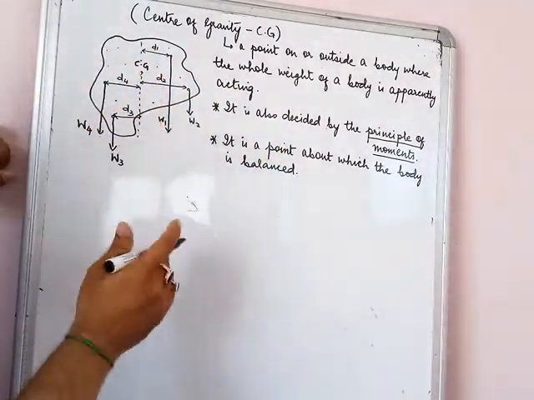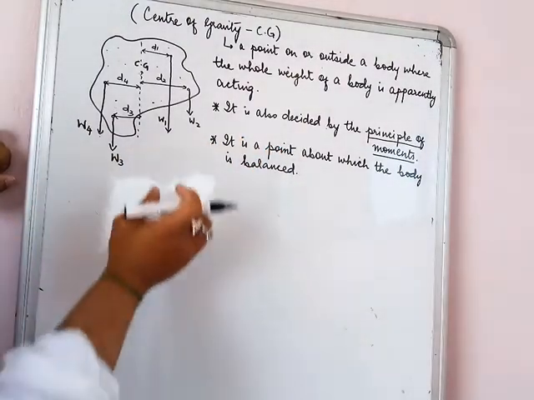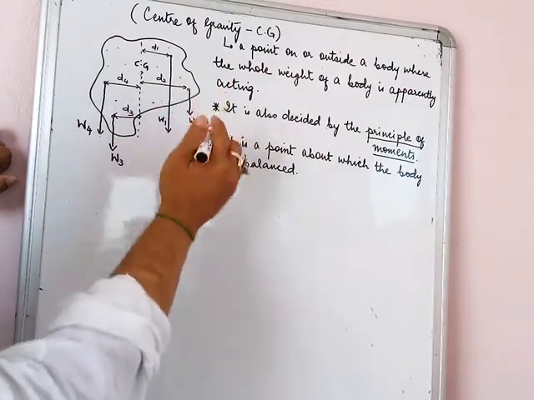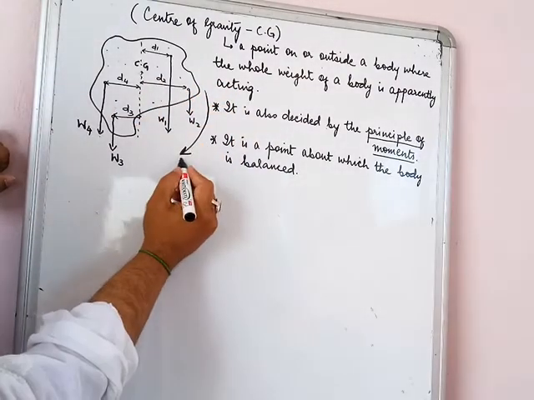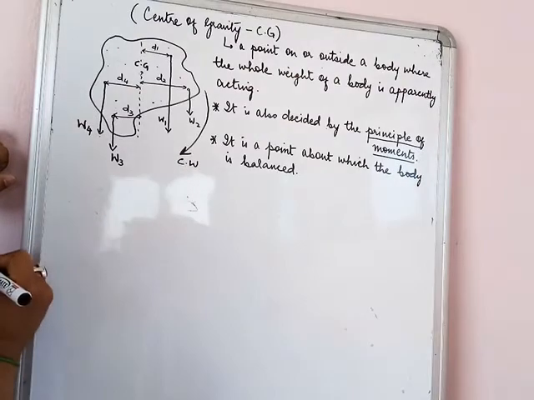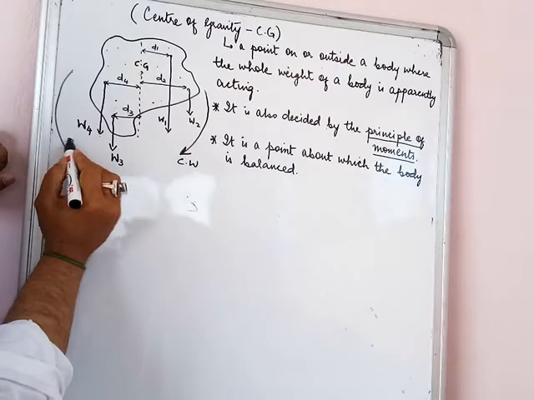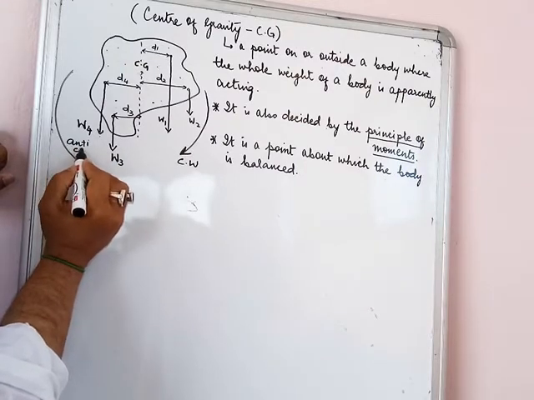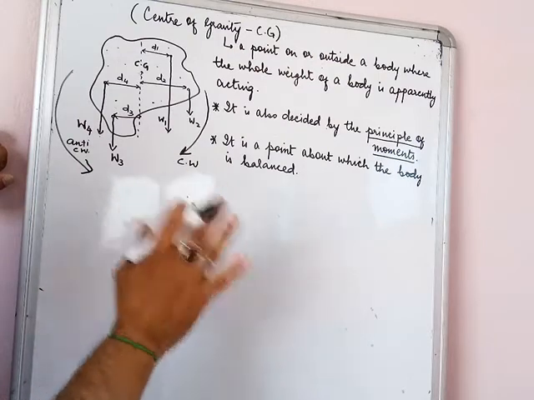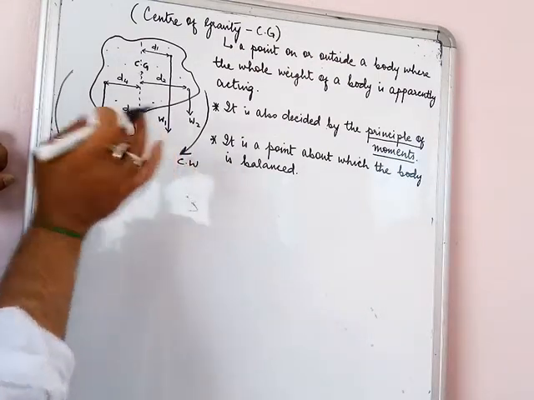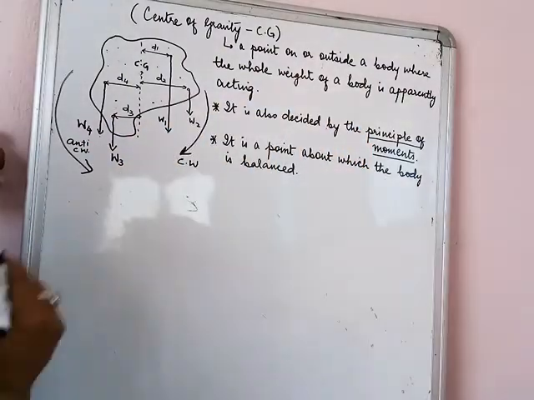The principle of moments tells us that the weights on the right side of the pivot produce a clockwise moment, and the weights on the left side create an anti-clockwise moment. For equilibrium, clockwise and anti-clockwise moments should be equal. That is where the principle of moments comes in.